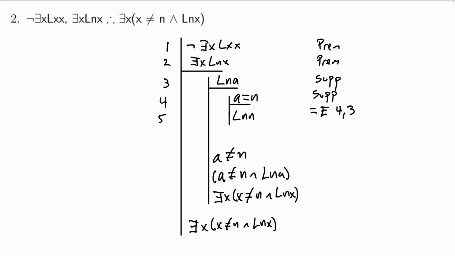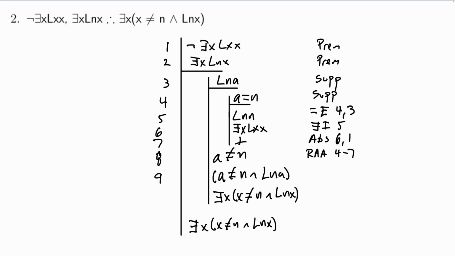And now from LNN, we can derive there is an x LXX just by existential introduction. And that contradicts the first premise, so we derive absurdity. And so that gets us the negation of what we supposed, that A is identical to N. So again, remember, this is just shorthand for the negation of A equals N. So we're just using reductio reasoning.